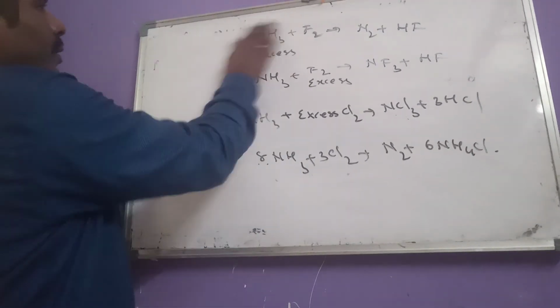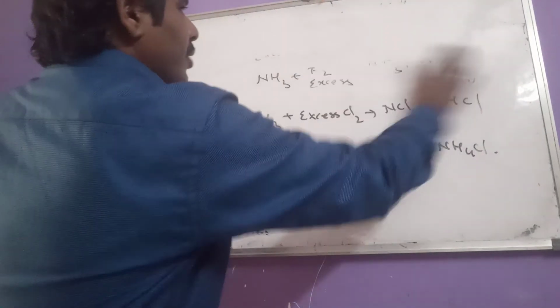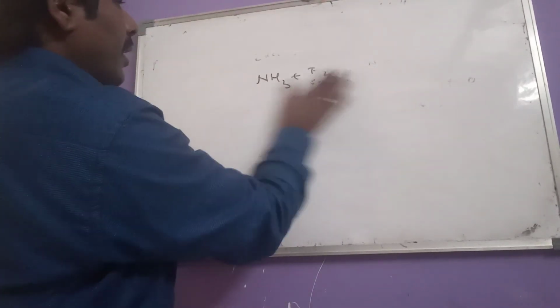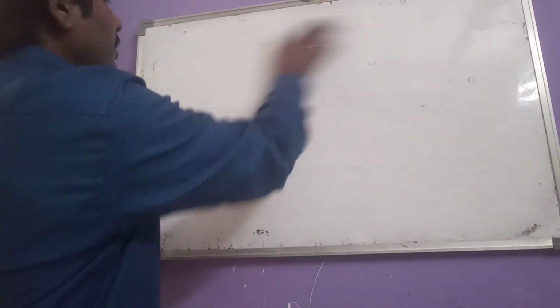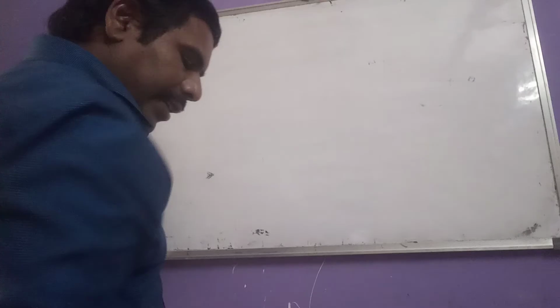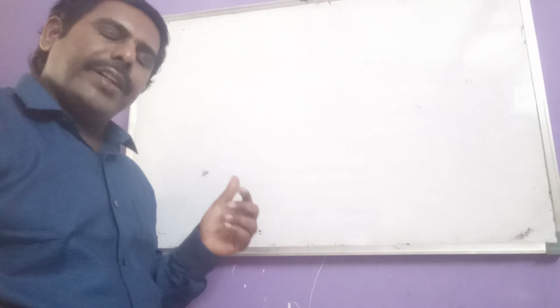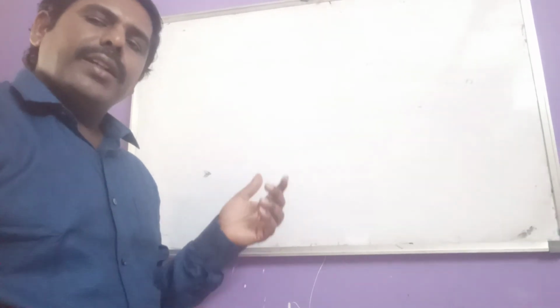Then after that, oxidizing properties. Already we know that halogens have oxidizing power, and F2 fluorine has strong oxidizing power.